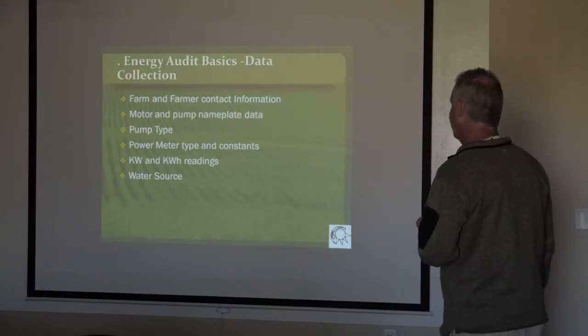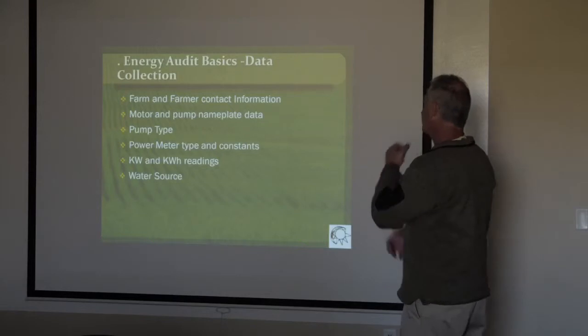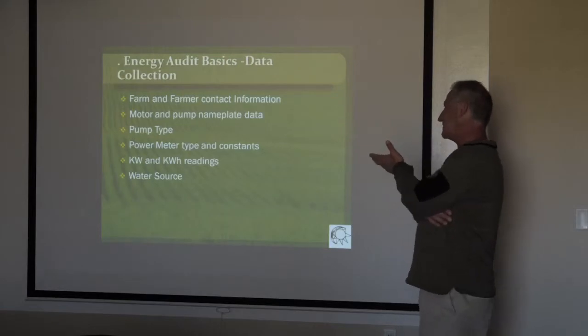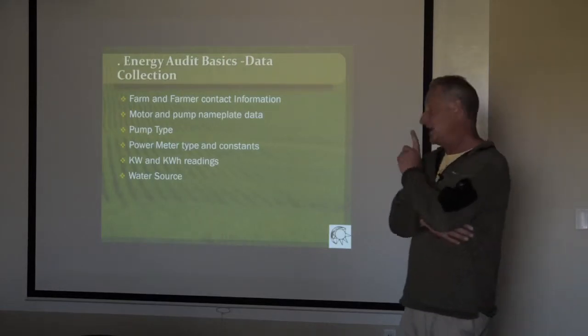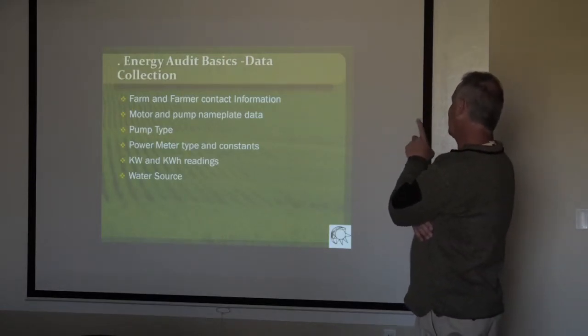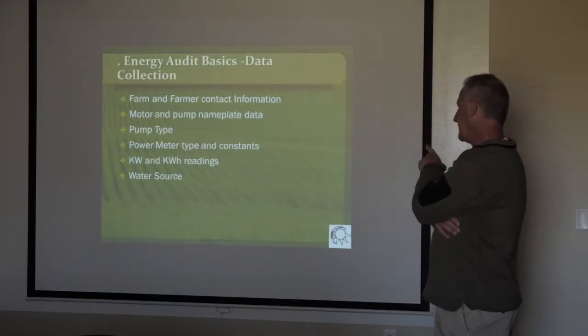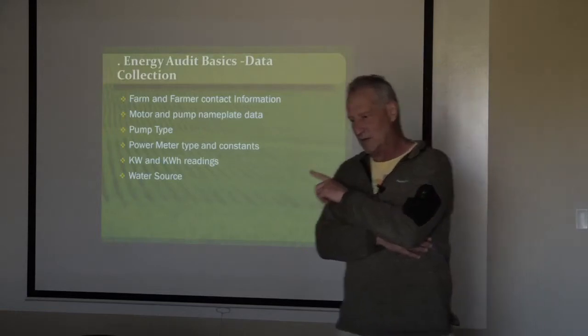So I got farm and farmer and contact information on there twice, maybe. Motor, pump, nameplate data, pump type, power meter. Okay, I didn't talk about the power meters yet. That comes up, that's right. Power meter types and constants. Okay, kW and kWh readings, and the water source.